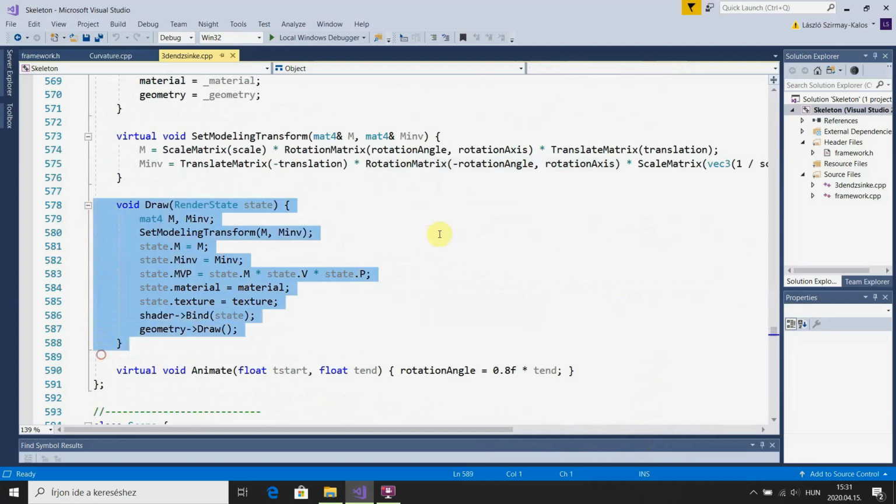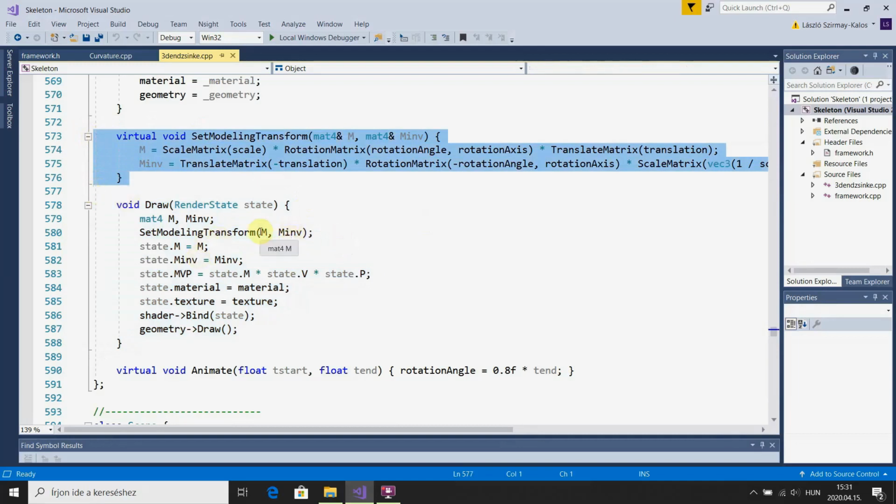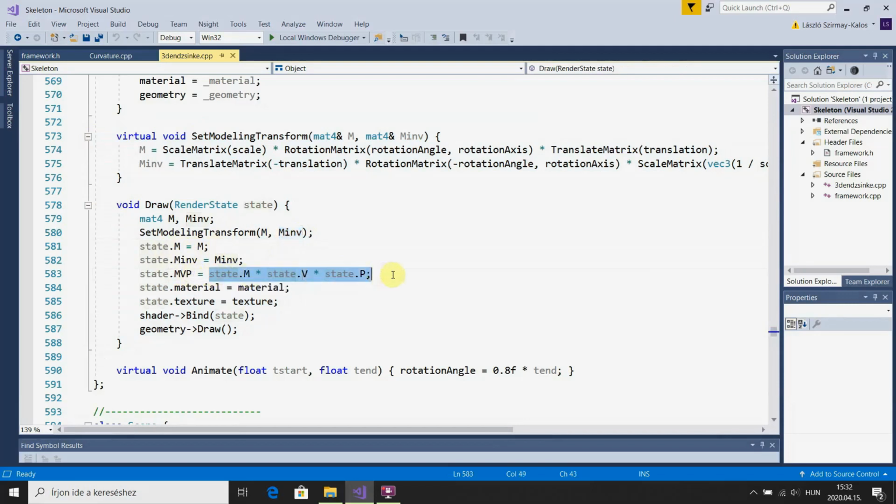The general drawing of an object is here. It gets the rendering state, which already contains the parameters of the light sources and the camera, for example. It first computes the modeling transformation and its inverse with the set modeling transformation function. We have discussed it here. The computed modeling transformation and the inverse are set in the rendering state. And also the MVP model view projection transformation matrix is computed.